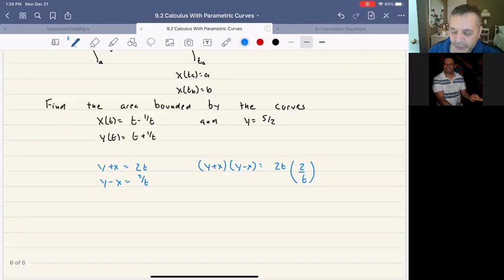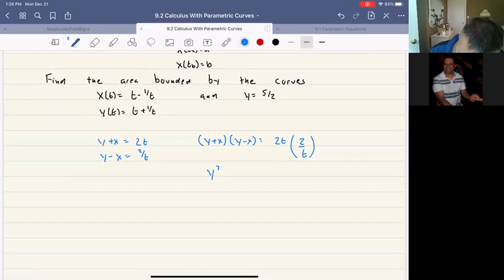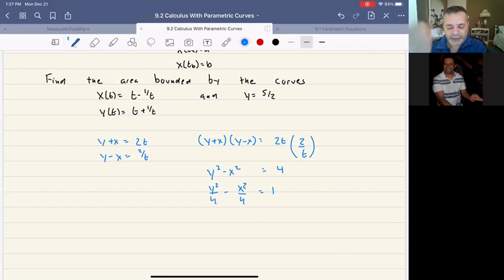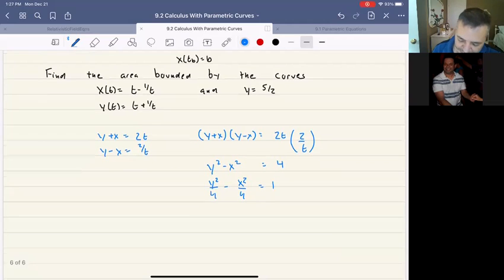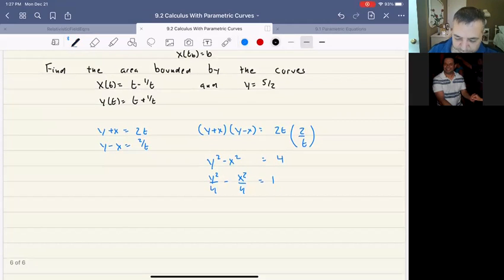When I do that, I get y squared minus x squared equals 4. That's a hyperbola, isn't it? y squared over 4 minus x squared over 4 equals 1. So let's draw that hyperbola.